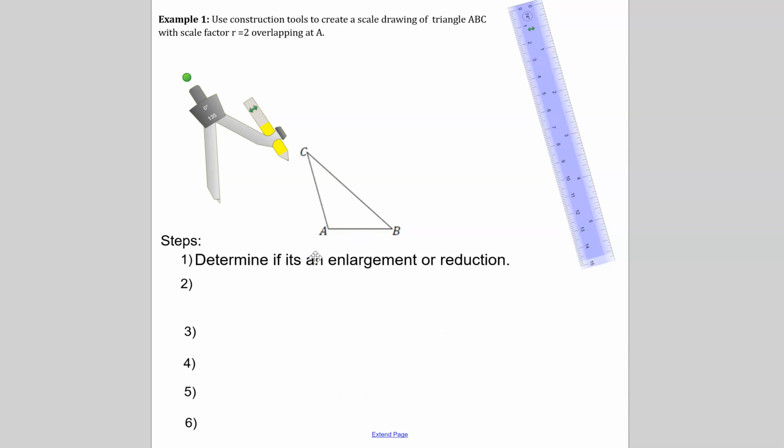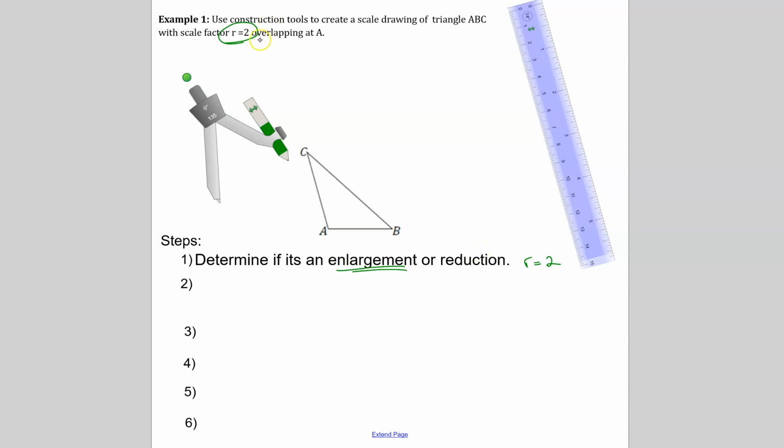So the first step is determine whether it's an enlargement or a reduction. And that's simply just by looking at what the scale factor is. So in this particular question, as I read, they say it's a scale factor of 2. So r equals 2, so therefore it's going to be an enlargement.